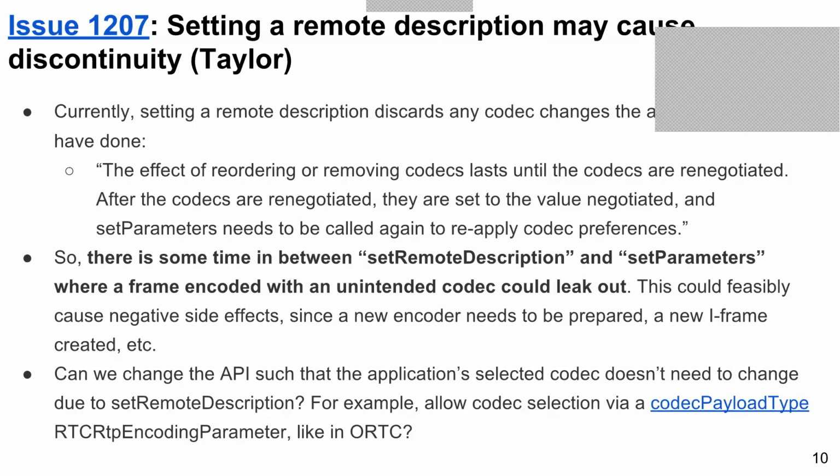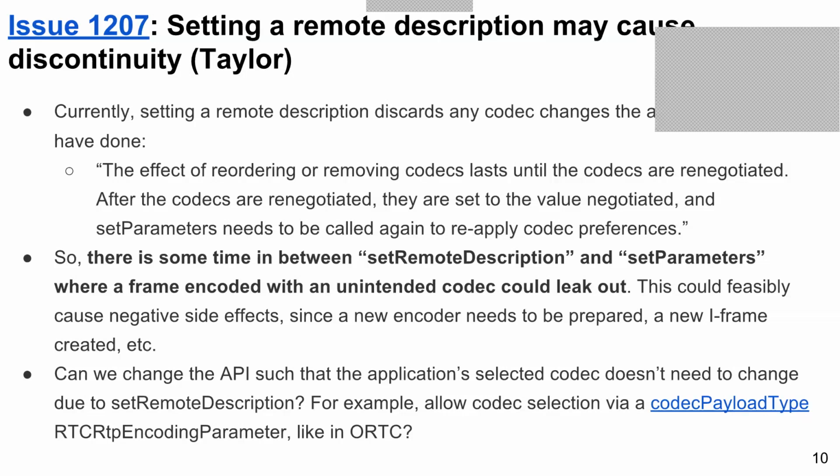And I don't believe any browser has implemented the codec. Well, I know Chrome hasn't. I looked at Firefox recently, and I don't think anyone's implemented the codec reordering as currently specified. So I don't think it's too late to introduce a change to how set parameters is allowed to change codecs.